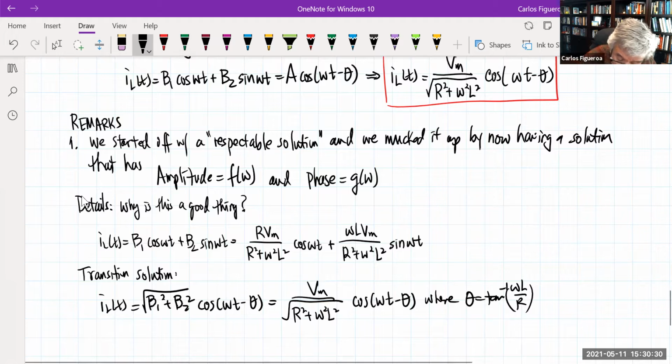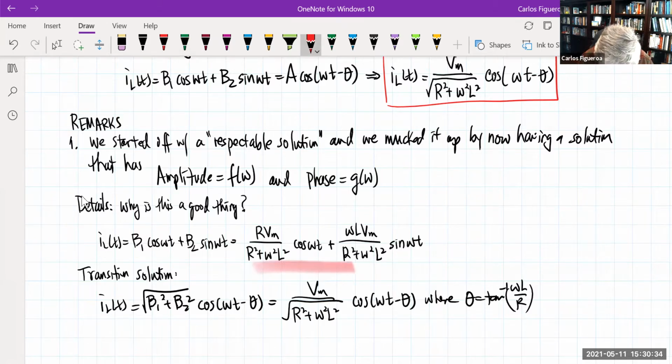What would you rather deal with? Would you rather deal with two terms like this, or would you rather deal with one term like this? I'm going to tell you, I'd rather deal with the green one. It's nicer. It's easier to interpret.